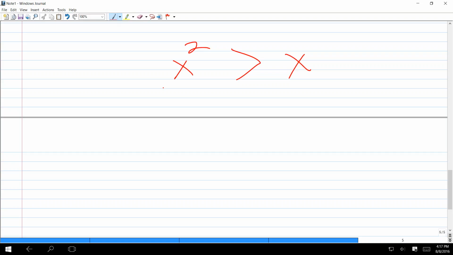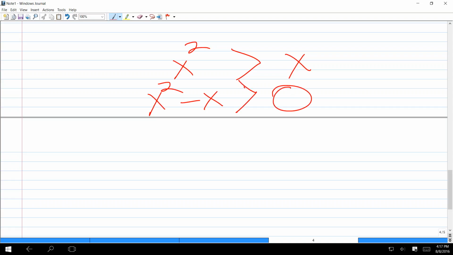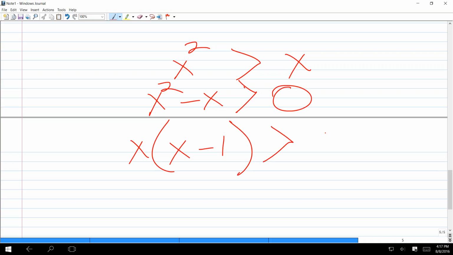So how do I solve this? I subtract x from both sides. There's no rule about subtracting a variable. Now I factor an x out, so I get this. And then I solve this, and that's going to give me all of my solutions. Solving that we'll get to another day.